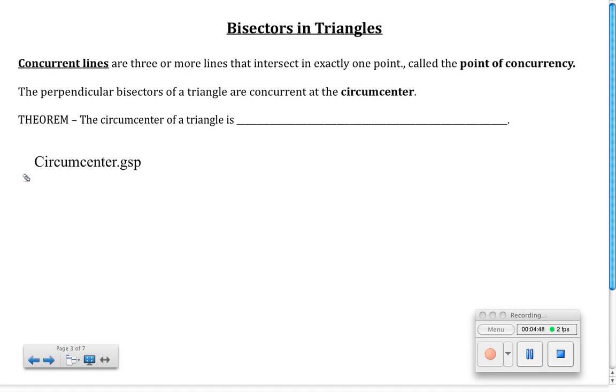Okay, so the circumcenter of a triangle is, we already said, equidistant from the vertices.